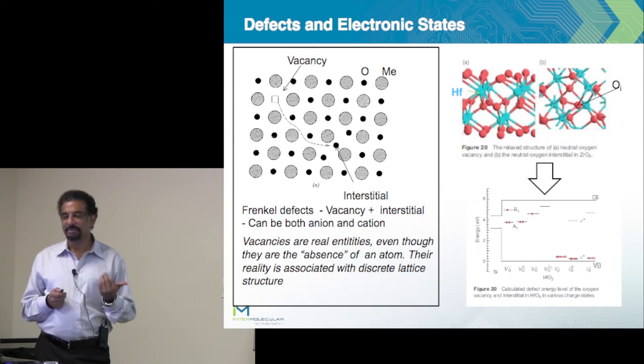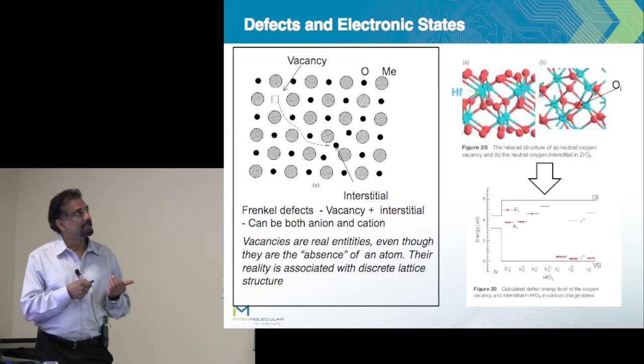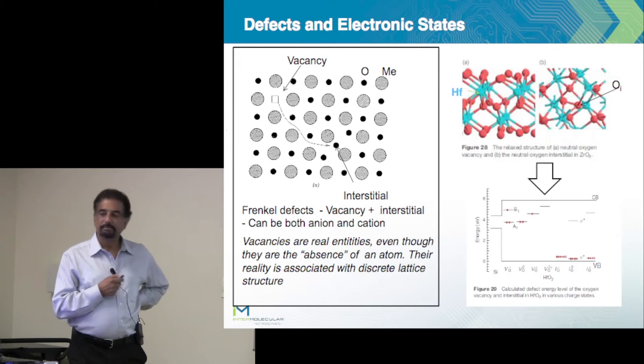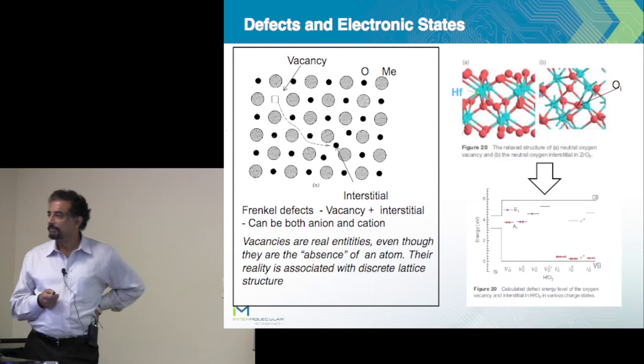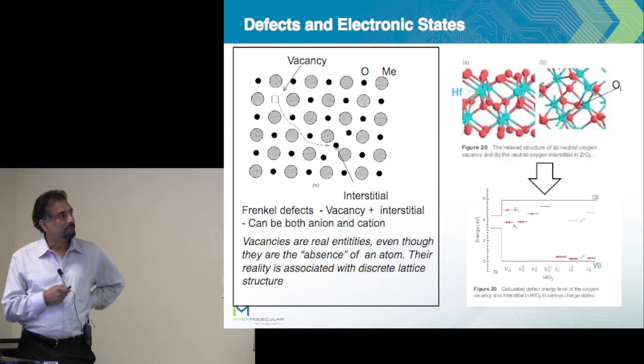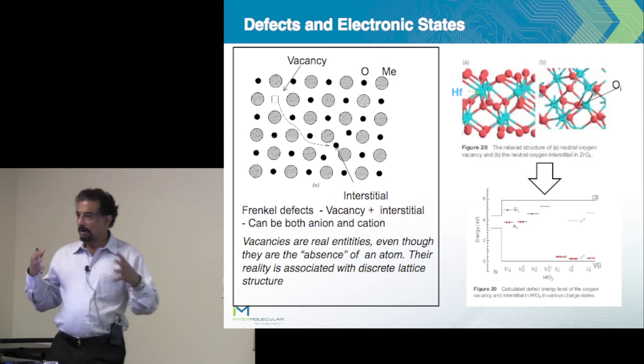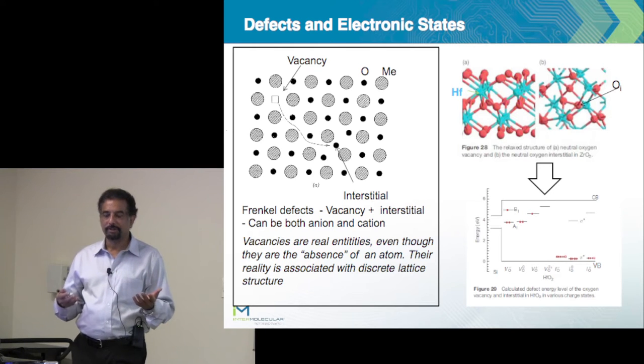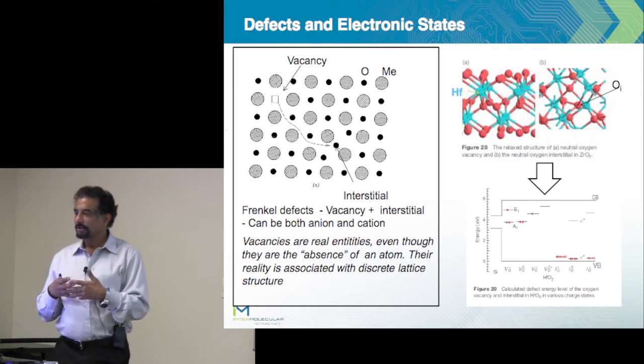The next thing that is important is about defects and electronic states. So here I'm showing, say, a metal oxide, right? It's a transition metal oxide that is used in high-K metal gates, and it's arranged in a lattice. You have the metal atom and you have the oxygen atom. Now, usually they're organized in a very nice lattice, and you know from your solid state theory that as a result of this, you will get bands.